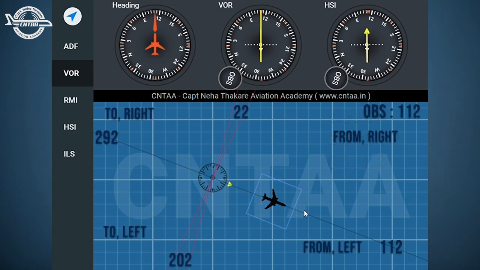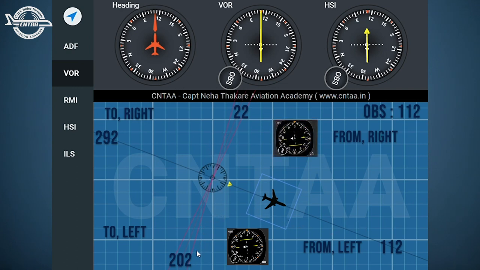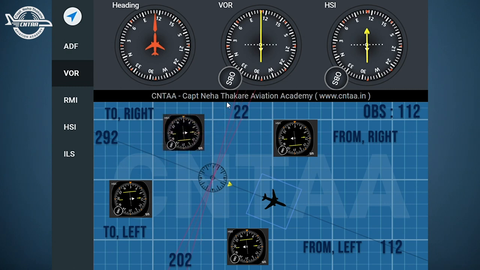As you set the OBS, there are 4 quadrants which are formed. From left quadrant, which is there, then from right, that's this one, then to left is this quadrant, and to right is the one which is marked by the cursor.